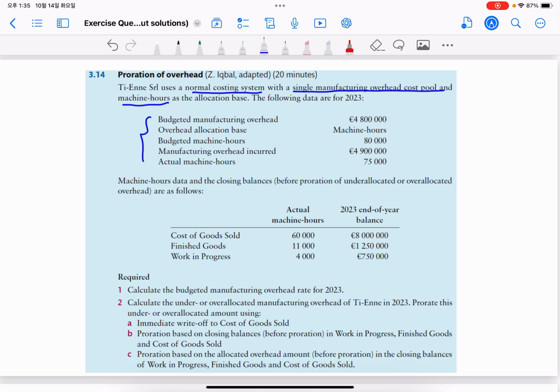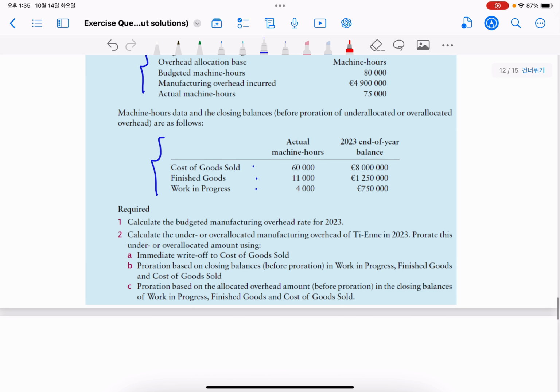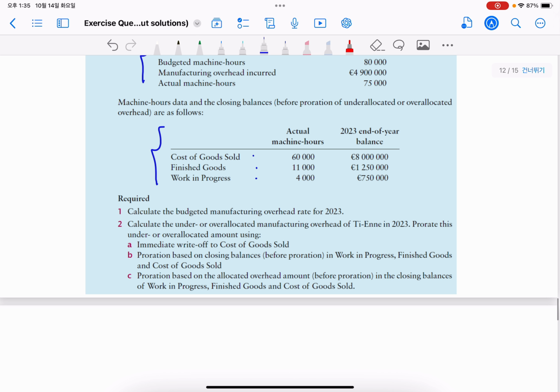So these are some budgets and actual information. And these are the machine hours data and the closing balance of each of cost of goods sold, finished goods, and work in progress. Okay, so the first question is to calculate the budgeted manufacturing overhead rate for 2023.